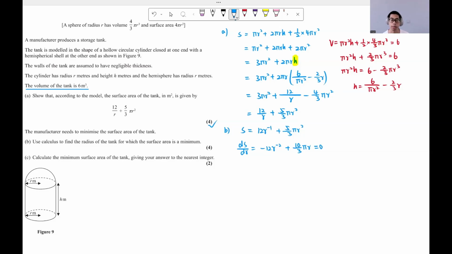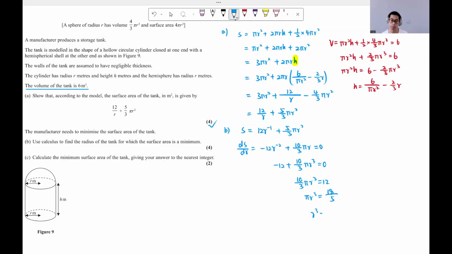Multiplying by r squared on both sides, we get -12 plus 10/3 pi r cubed equals 0. Add 12 to both sides, and then pi r cubed is equal to, multiplying by 3 divided by 10, 18/5.